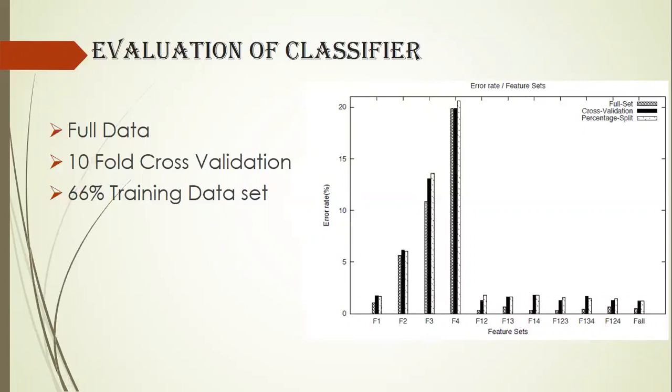However, when all features are combined, the minimum error rate is produced. Hence the combination of all features. You can see here that feature F4 has the highest error rate, which is 20%, and the lowest is when all the combinations have been taken, at most around 1% to 2%, I guess.